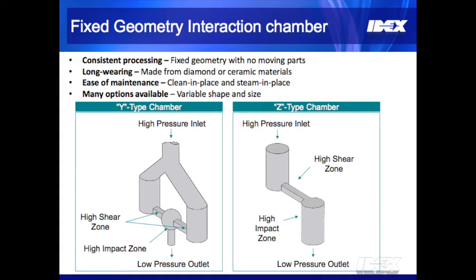The chamber on the right is the Z-type interaction chamber, typically used for particle size reduction, dispersion, cell disruption, and deagglomeration. They're both made out of extremely wear-resistant materials like polycrystalline diamond, and the other feature is they're very scalable.